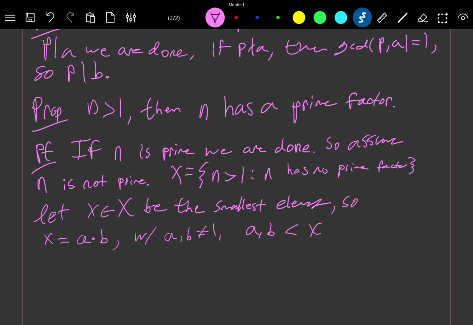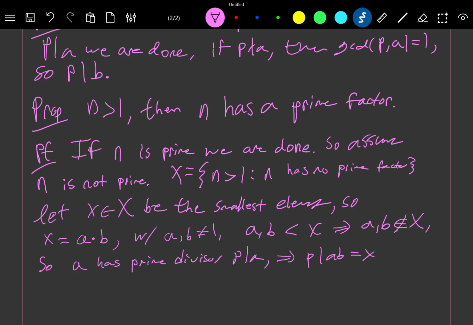But this tells us that a and b are not in X, so namely a has a prime divisor, p, and since p divides a, that tells us that p divides ab, which is x. So p divides x, and we get a contradiction.